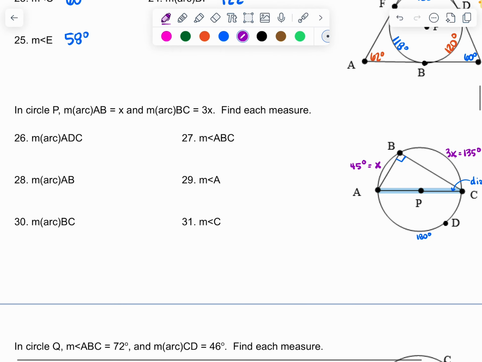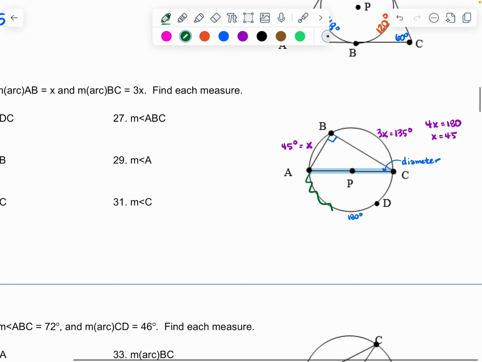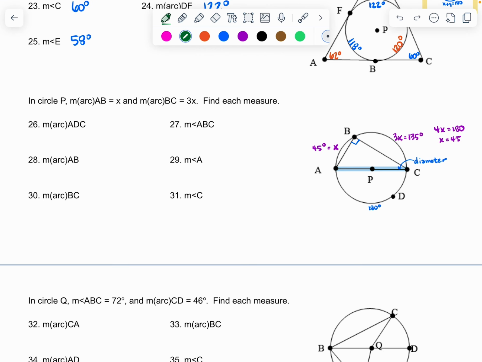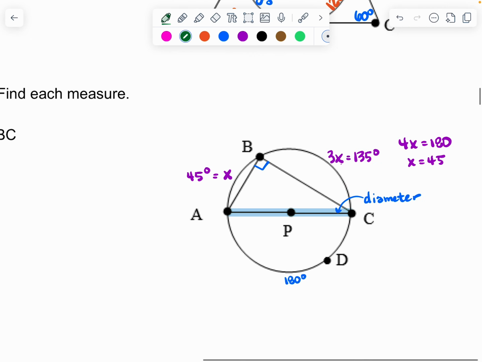Okay, so let's go see what questions they're asking us. The first one says, what is the measure of arc ADC? Well, they're talking about this semicircle, so of course that's 180 degrees. Then on number 27, it wants to know the angle ABC.